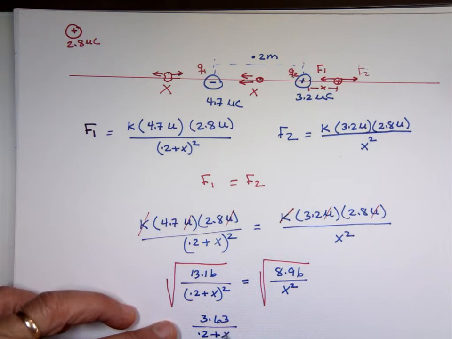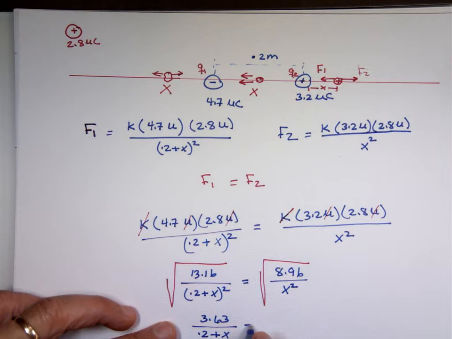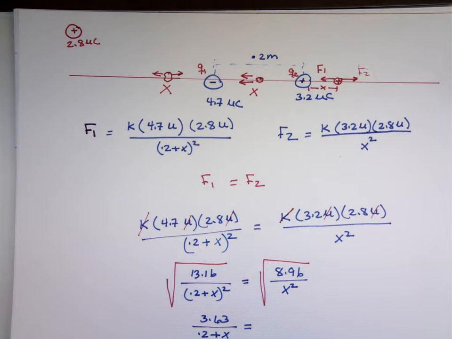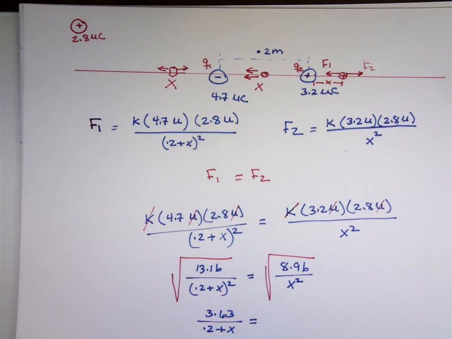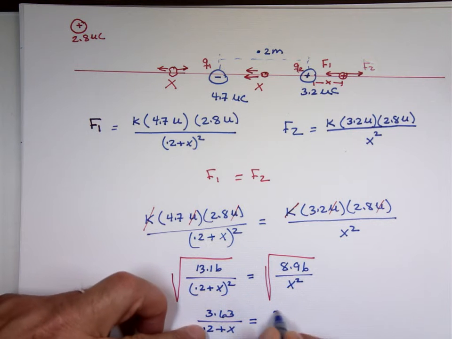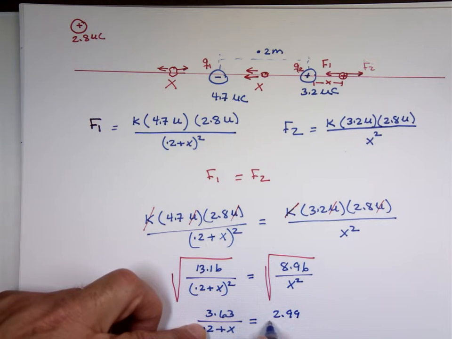The square root of something squared, you just drop the square. The square root of 8.96, 2.99 over x.